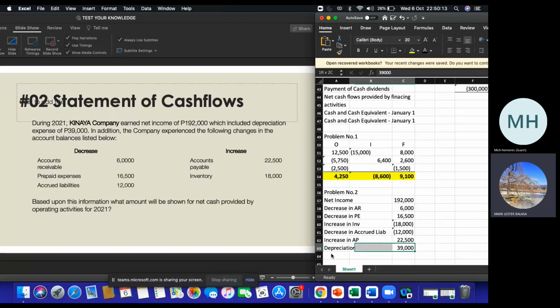O class, magkano ngayon ang net cash provided by operating activities mo? Compute.